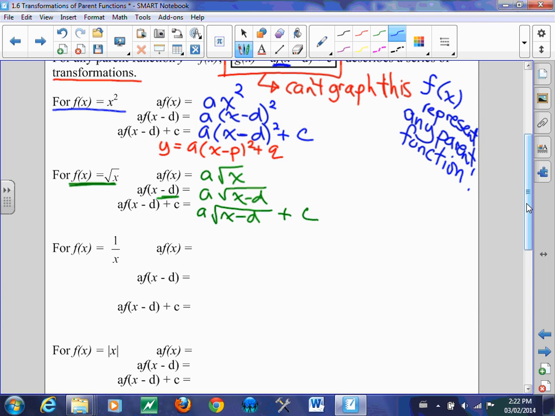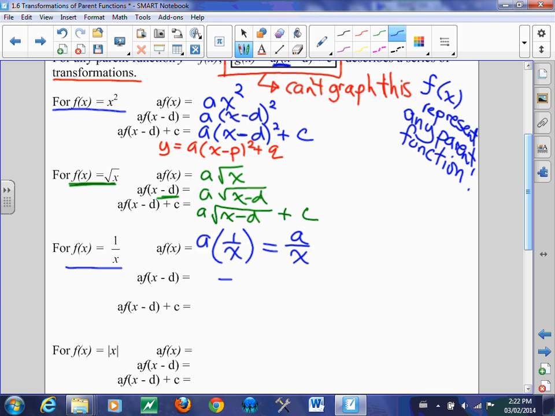All right, next one. Let's take a look at the reciprocal parent function. So starting with that, what we're going to take a look at is a times 1 over x. This is one where it actually looks funny because the a, instead of being out front, is actually going to be on top because a times 1 is 1 for the numerator over x. Okay?